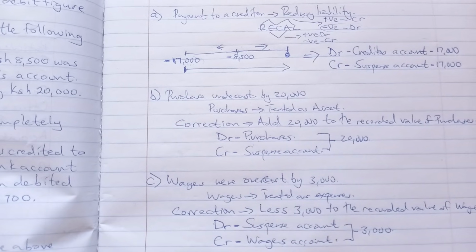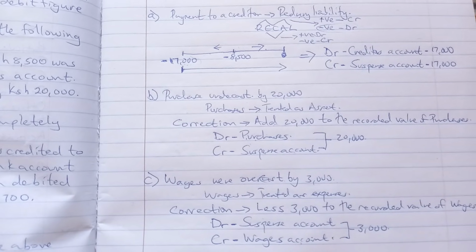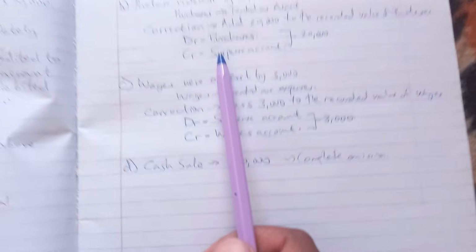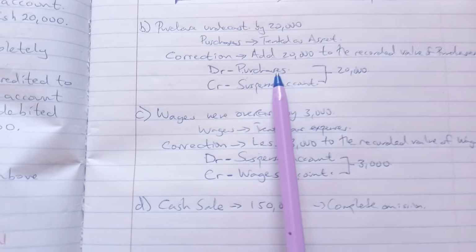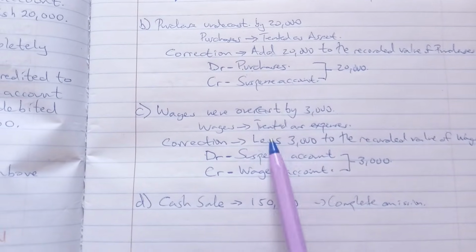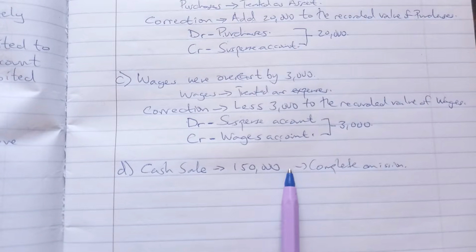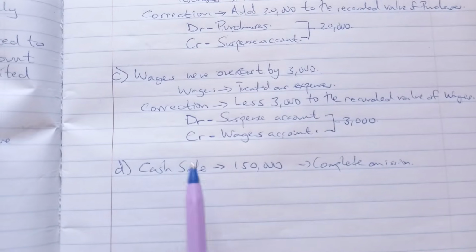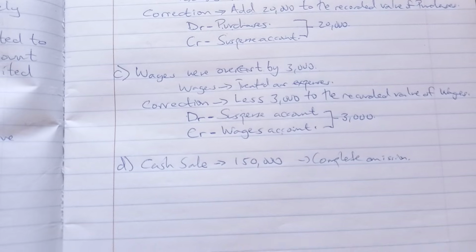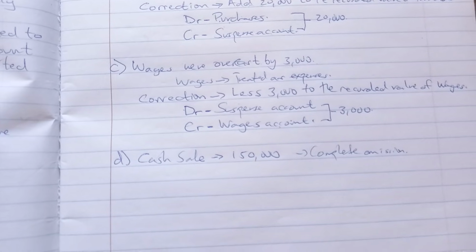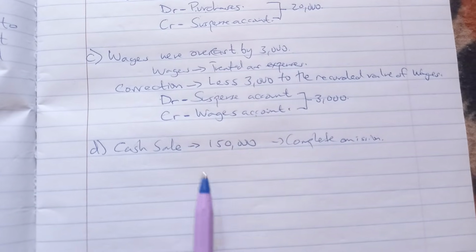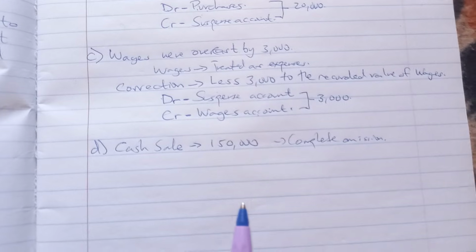So it is only one transaction which was missing, and that is why we involved the suspense account. Here we are only making changes in one account, purchases and wages, and that is why we are including the suspense account. But in this case, both the two accounts which were involved in the cash sale were both omitted. So the moment you see a complete omission, you don't include any correction which will involve the suspense account.